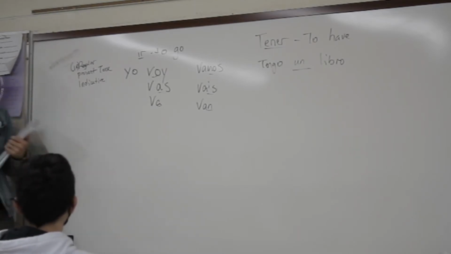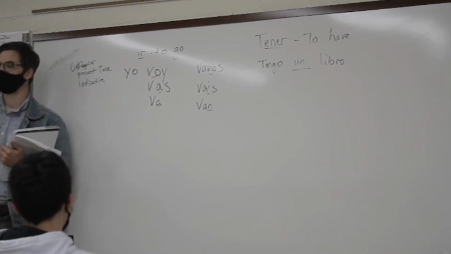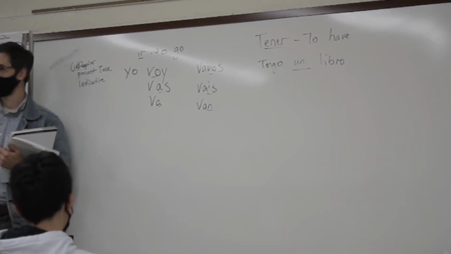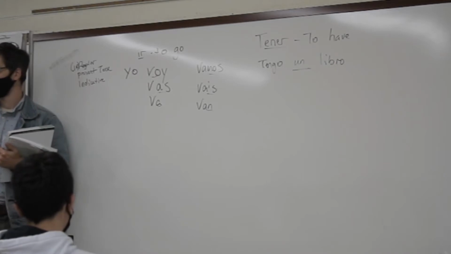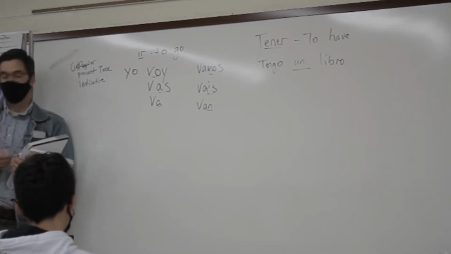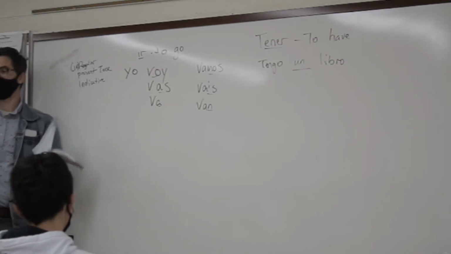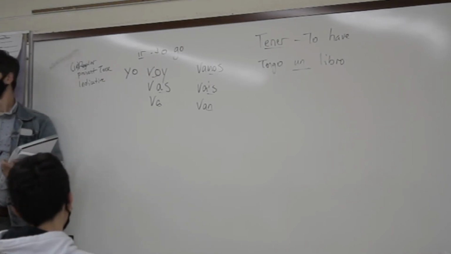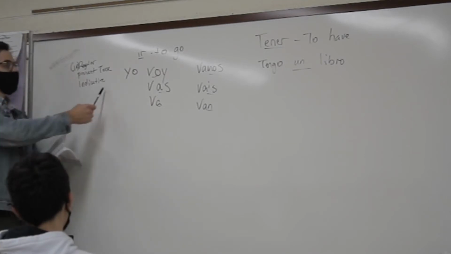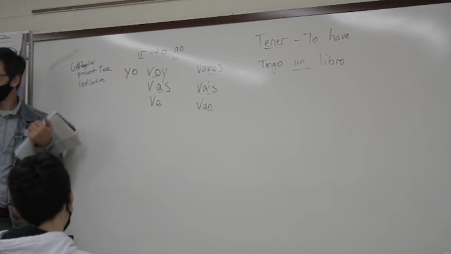Can somebody tell me what indicative means? I said yesterday what it means, but can someone repeat it? What does it mean for a verb to be indicative? It's very similar to another verb in English. To what? Indicative is to not be.